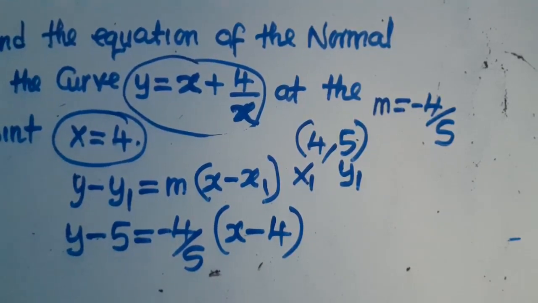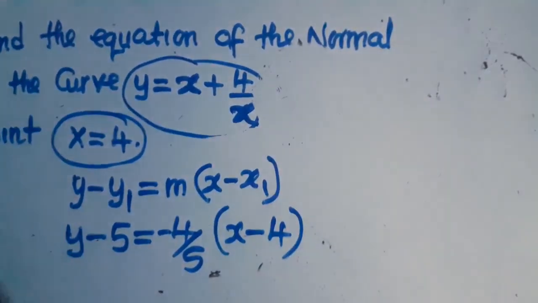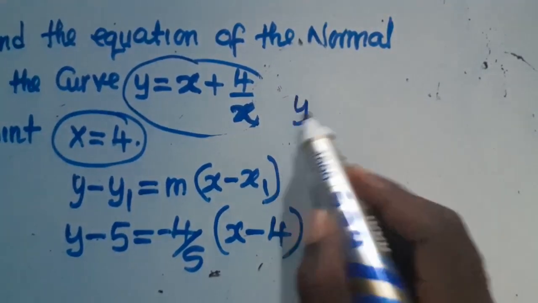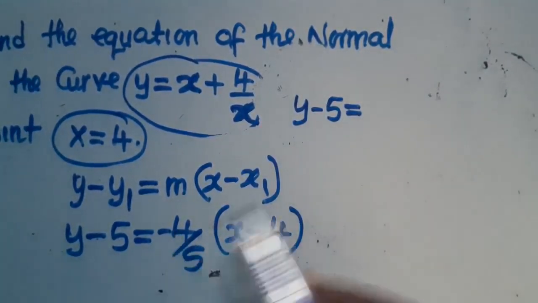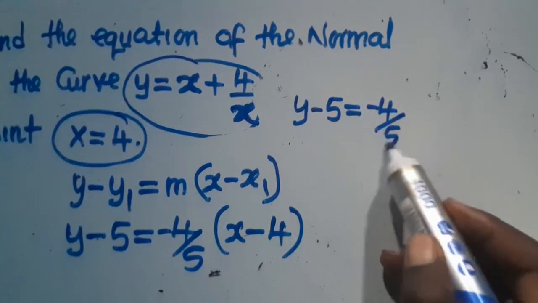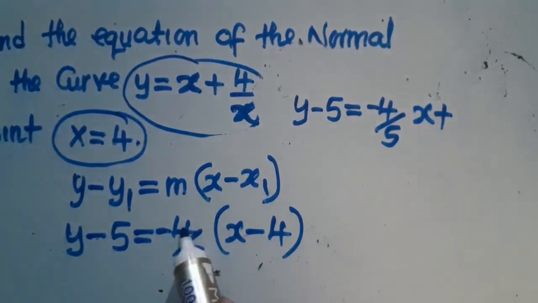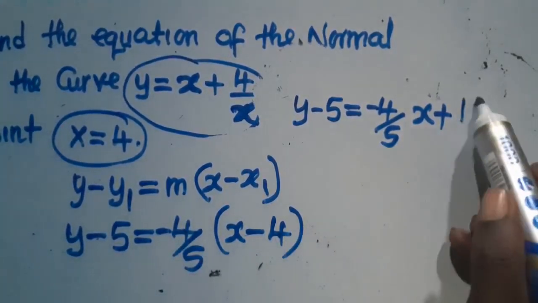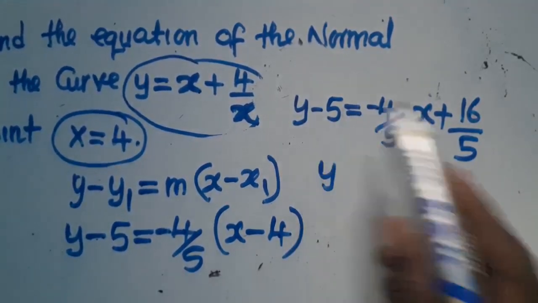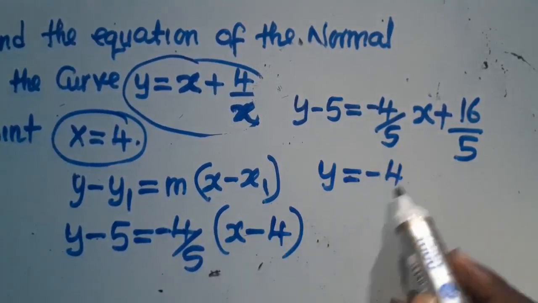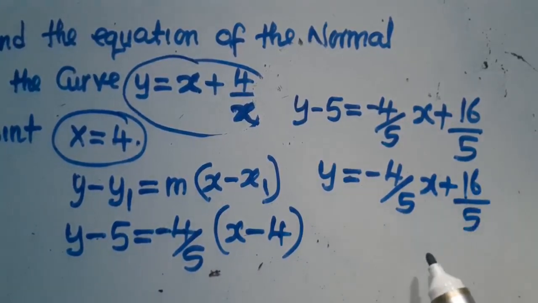So this is the equation of the normal that we want to find. y minus 5 is equal to negative 4 over 5x. Negative times negative is positive, 4 times 4 is 16, over 5. So y is equal to negative 4 over 5x plus 16 over 5.